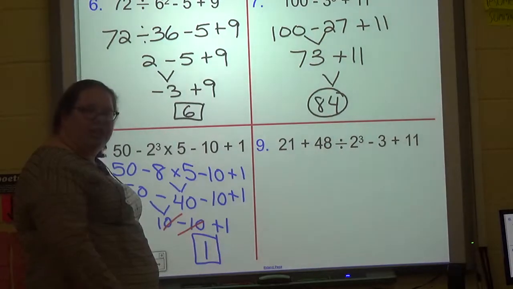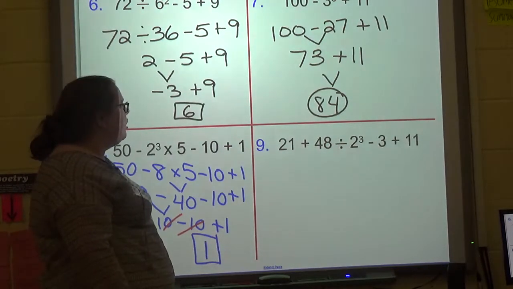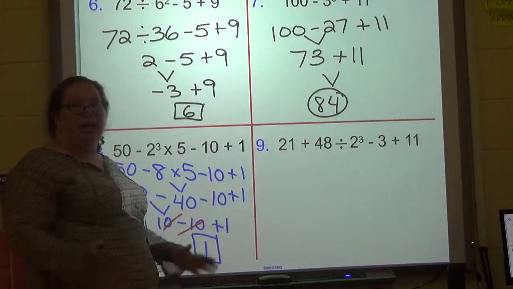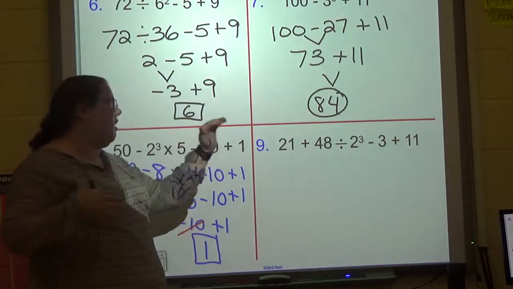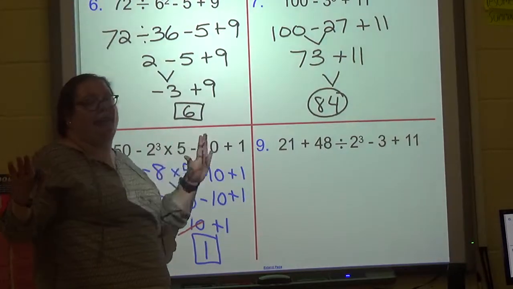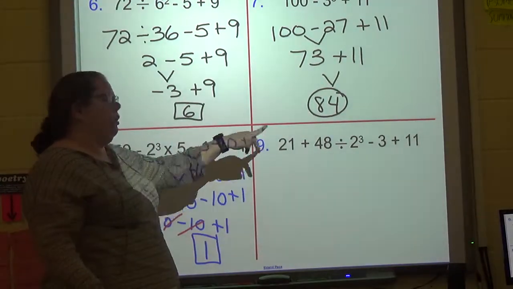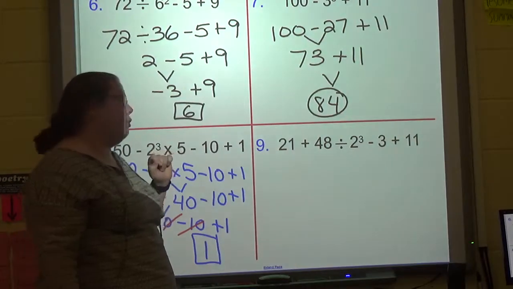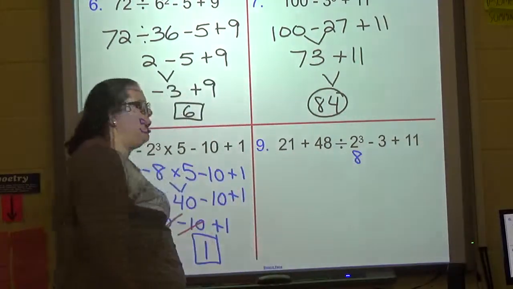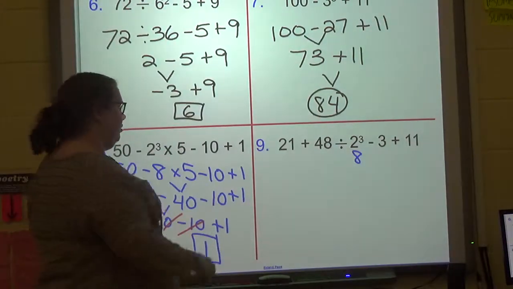Alright, last one for the day. Let's look at this. Okay, so again, what is our first step? Exponents. Don't get bogged down by so many numbers. It's okay. It's not going to kill you. 2 to the third. Right, that's our exponent. 2 to the third is 8. 2 times 2 times 2. So I'm going to write an 8. Bring everything else down.